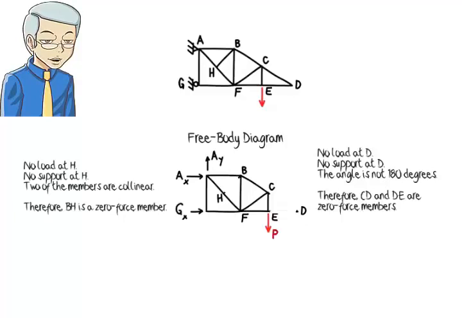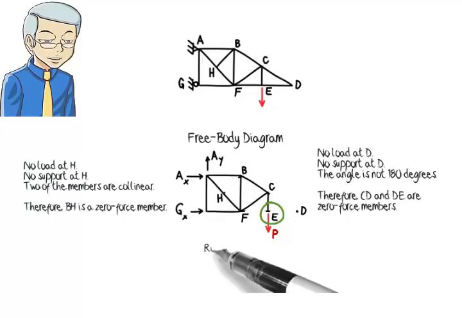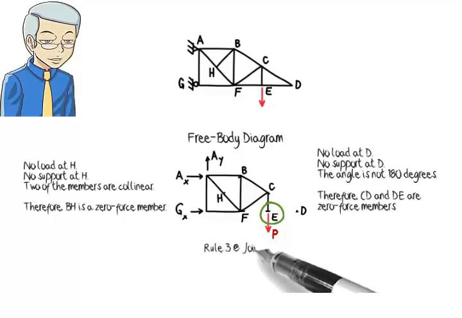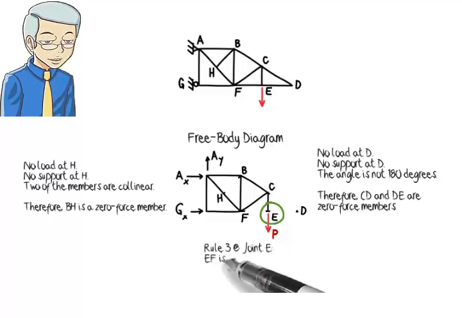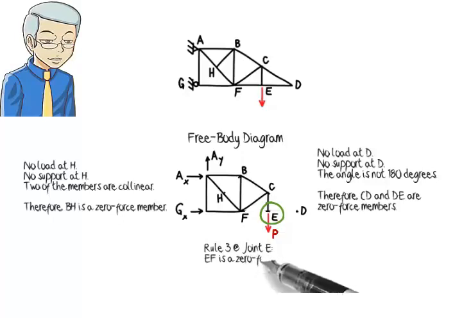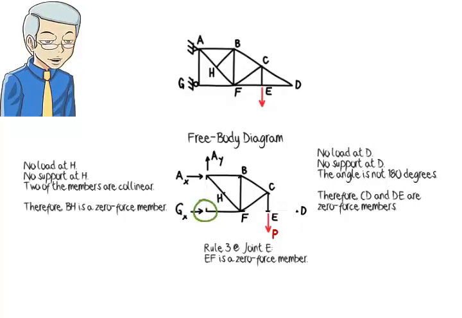If we consider P to be an axial force in a member vertically attached to joint E, then, according to Rule 3, EF is a zero force member. Similarly, if we assume Gx is the force in an axial member horizontally attached to joint G, then according to Rule 3, AG is a zero force member.